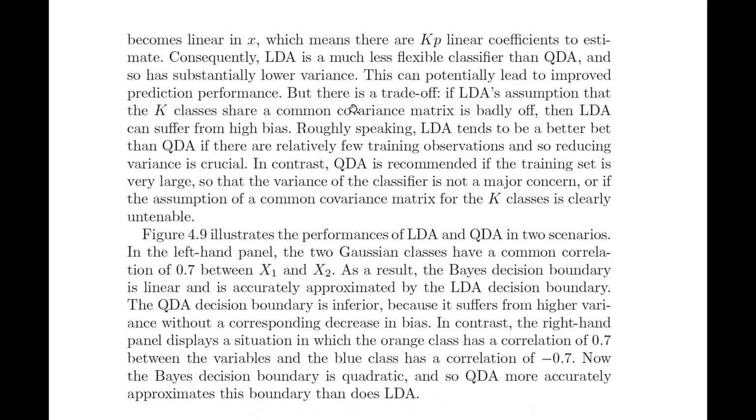Roughly speaking, LDA tends to be a better bet than QDA if there are relatively few training observations, and so reducing variance is crucial. In contrast, QDA is recommended if the training set is very large, so that the variance of the classifier is not a major concern, or if the assumption of a common covariance matrix for the K classes is clearly untenable.